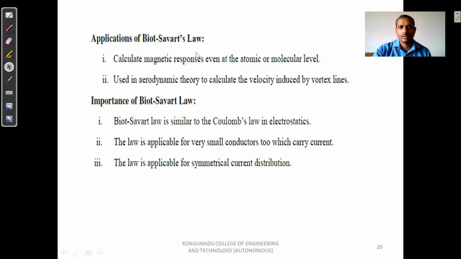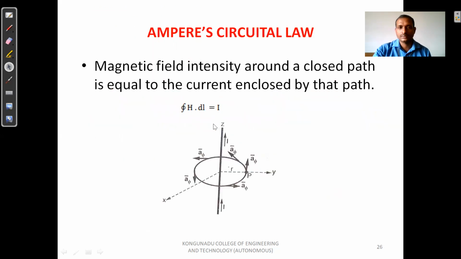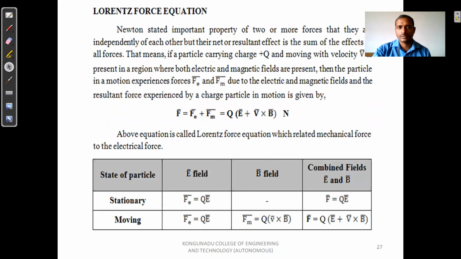Ampere circuital law: the line integral of H dot dl is equal to I. The magnetic field intensity around a closed path is equal to the current enclosed by that path. Then the Lorentz force equation: the force due to the electric field and magnetic field, when a charge is placed in the electromagnetic field, is Q into E plus V cross B Newton.